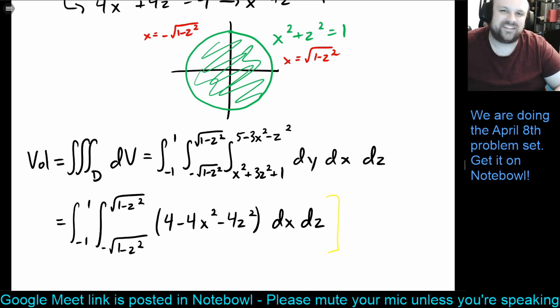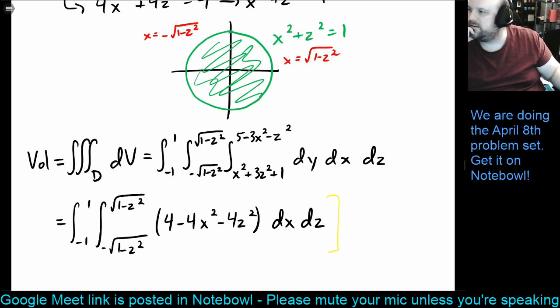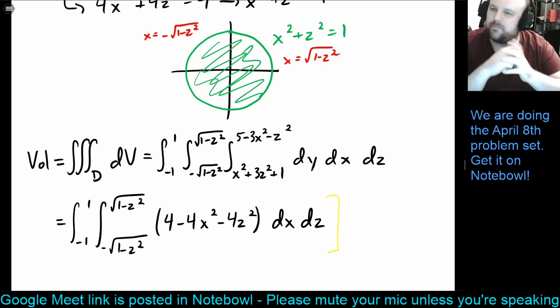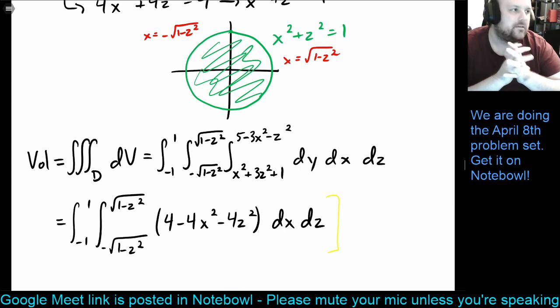Other than throwing it into Mathematica, of course. The hint I'll give is to think about the region of integration for this problem.